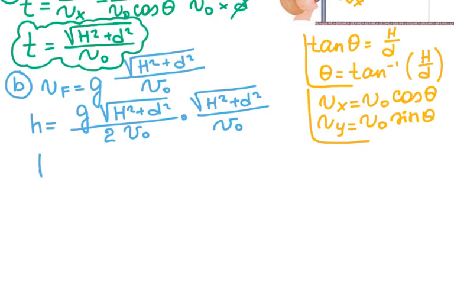So I would have h is equal to g over 2v sub 0 squared times h squared plus d squared.